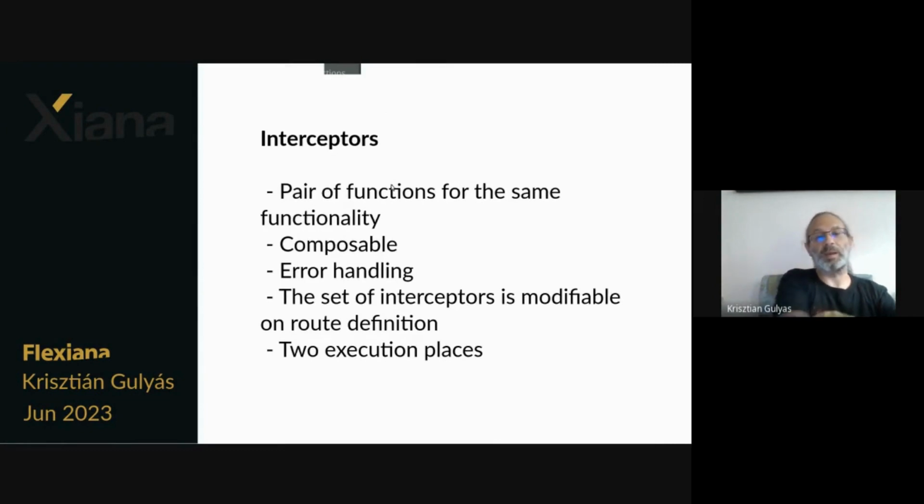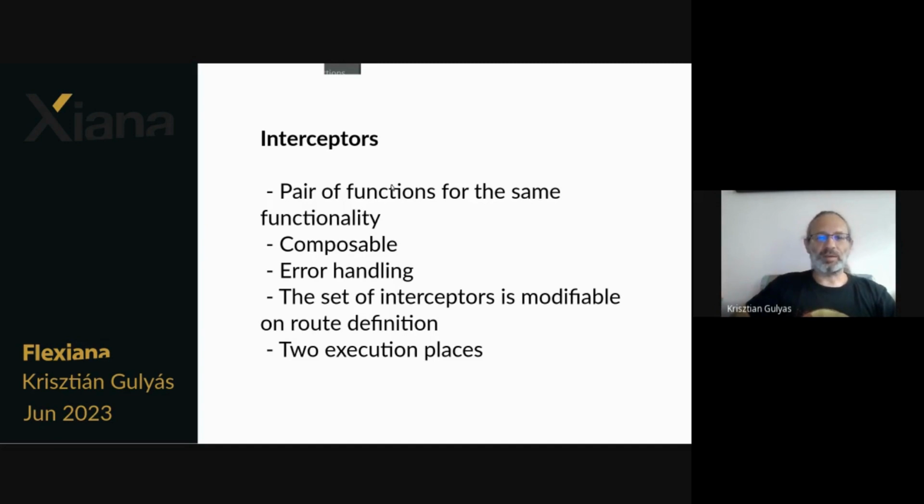Next I would like to talk about the interceptors, just the theory, because I already showed you an example. Interceptors are a pair of functions for the same functionality, like we saw for the session handling.